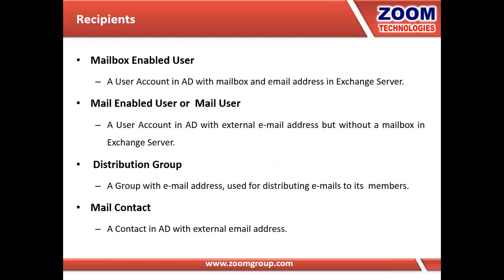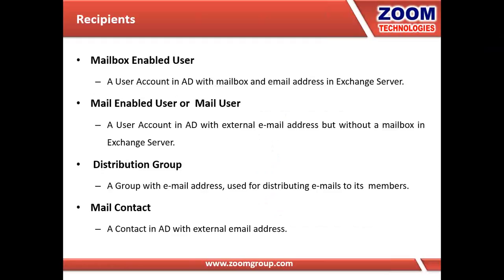So we are going to create one distribution group and after that add the users inside it. And whenever a user sends one email to the distribution group, that email will be received by all the users inside the group itself. So distribution groups we can maintain only for the departments.